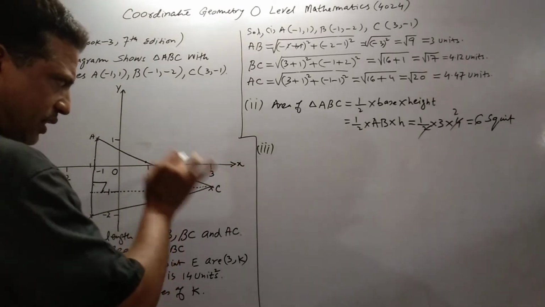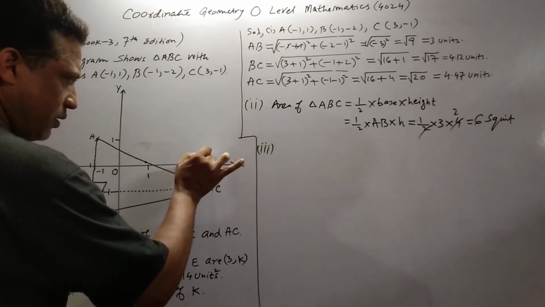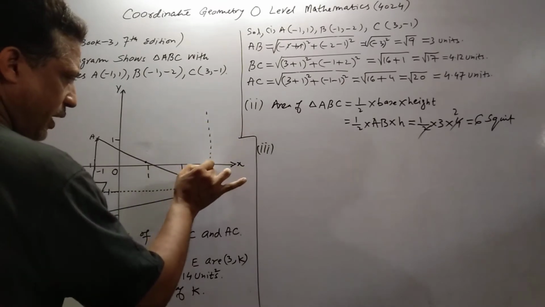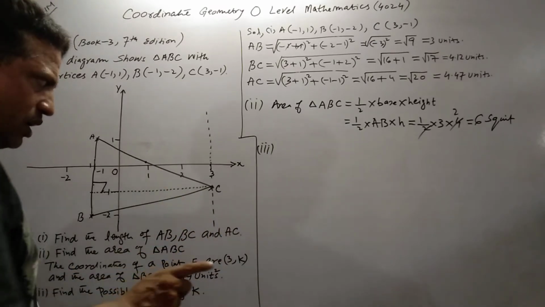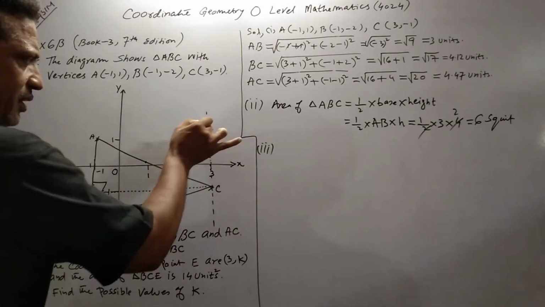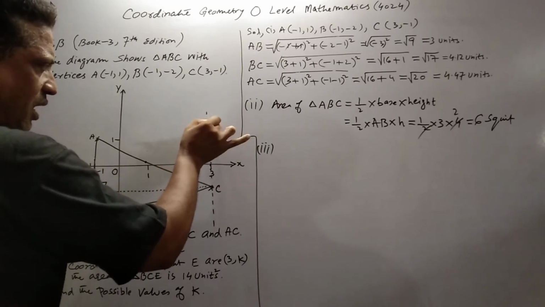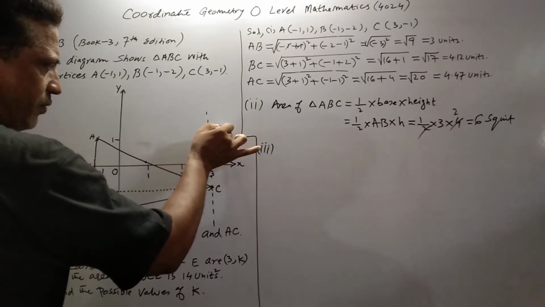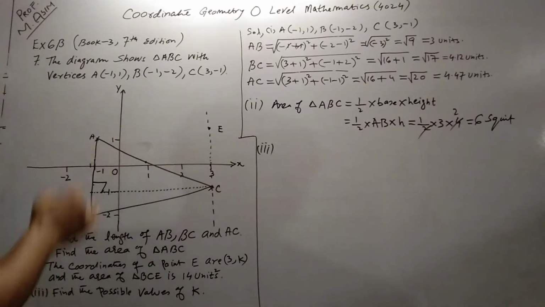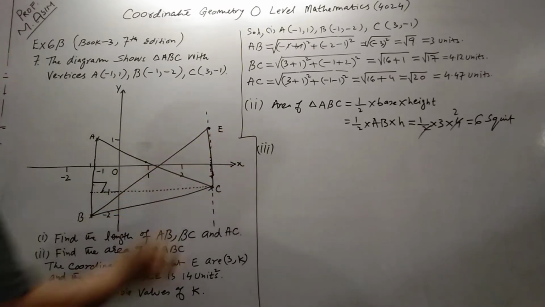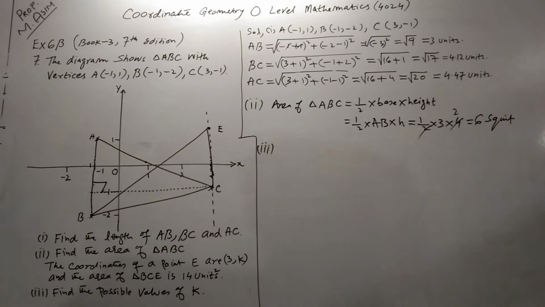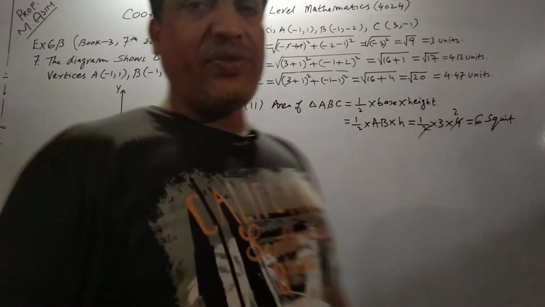So the point must be anywhere on this line, because the x coordinate is 3. Therefore, if I say this is our point E, the triangle is BCE. This is our triangle.